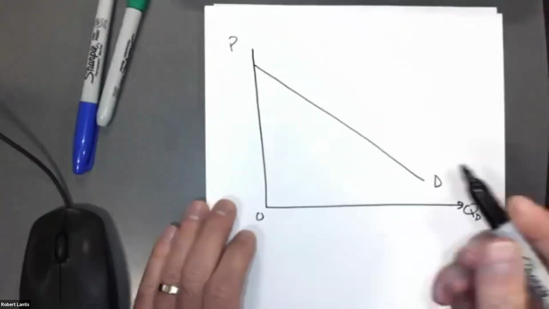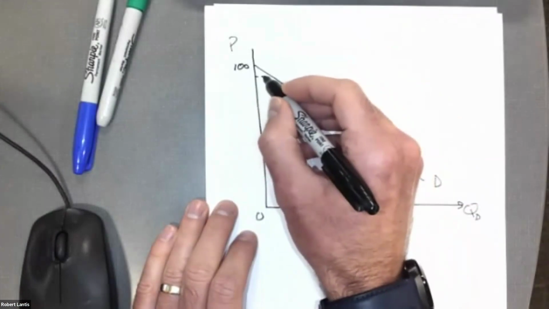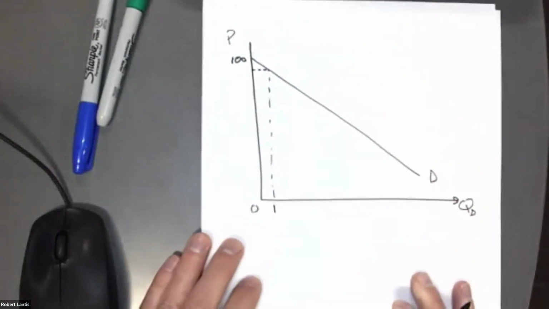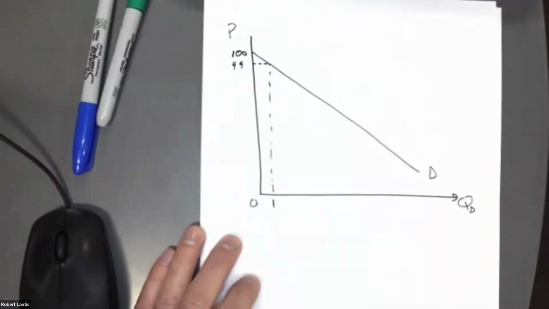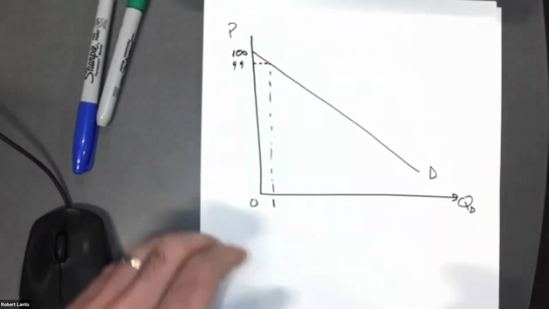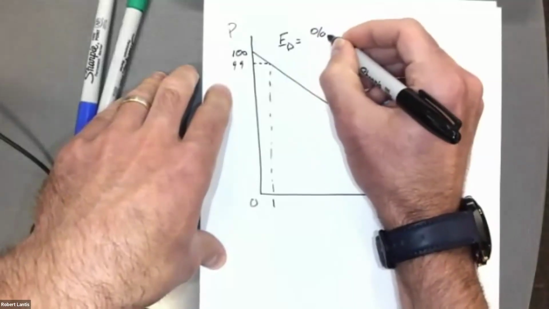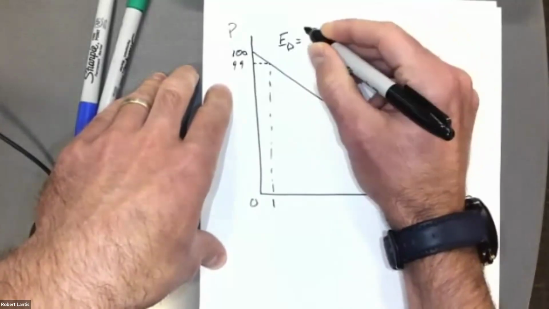Whatever good this is, let's assume that initially we're starting out at 100. And to convince consumers to buy that very first unit, I've got to drop the price to 99. Well, here, my elasticity of demand is the percent change in quantity demanded over the percentage change in price.